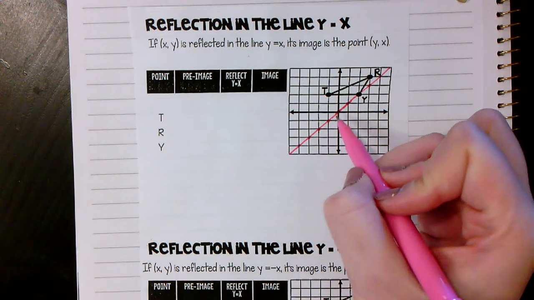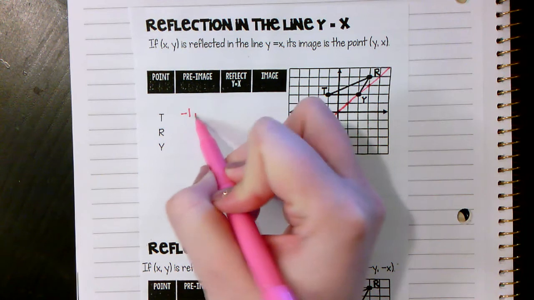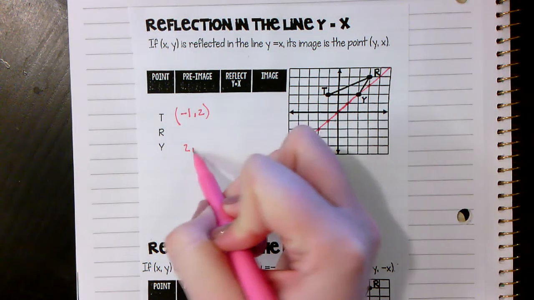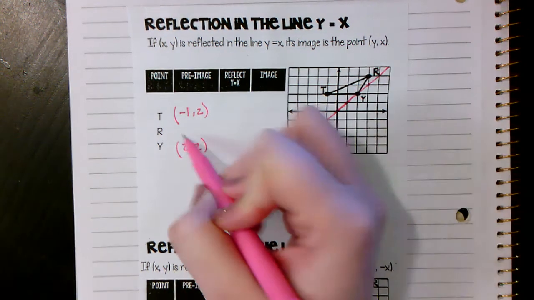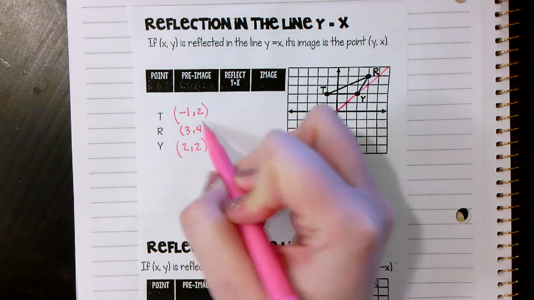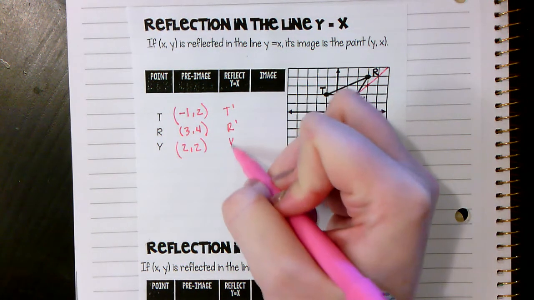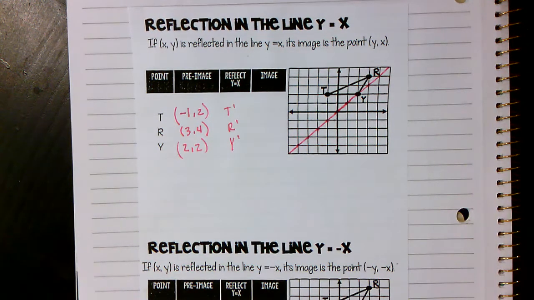So again, I think these are the same points, -1, 2, 2, 2, and 3, 1, 2, 3, 4, 3, 4. They are. So if we're reflecting across the y equals x line, that's a different reflection than the 2 previous pages.